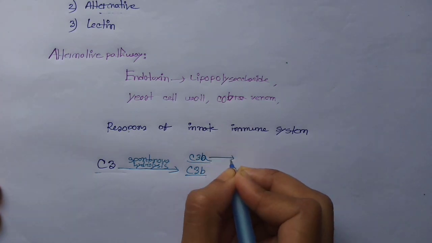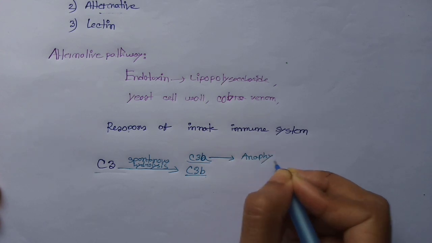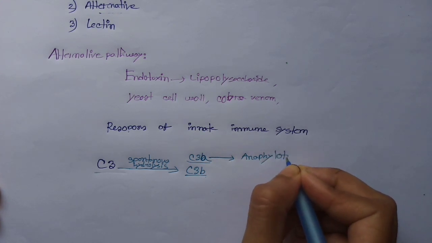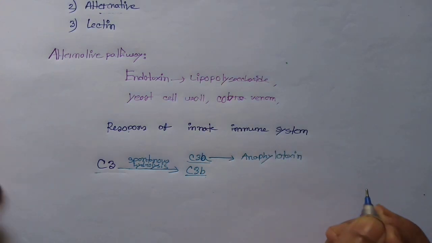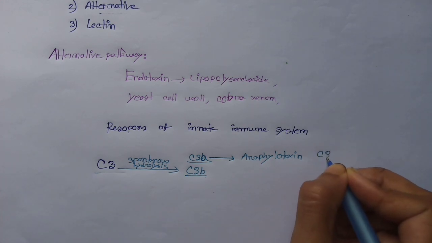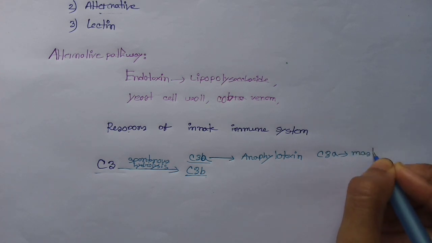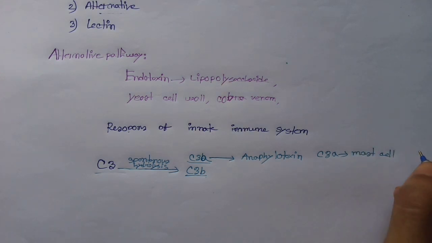C3a is called an anaphylatoxin because C3a activates mast cells, and from mast cells it releases histamine.